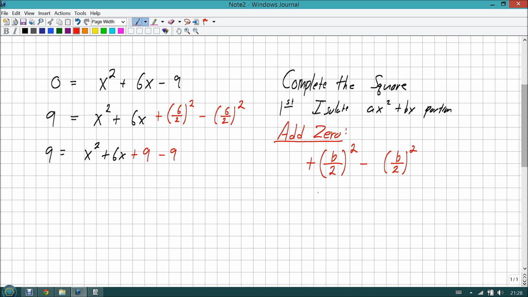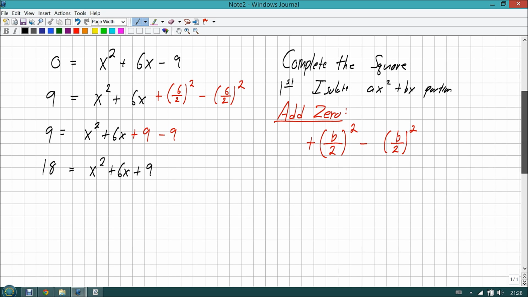From here, I'm going to add 9 to both sides, so I get 18 is equal to x squared plus 6x plus 9. After we add that special 0, we do our next major step, which is to factor and solve.